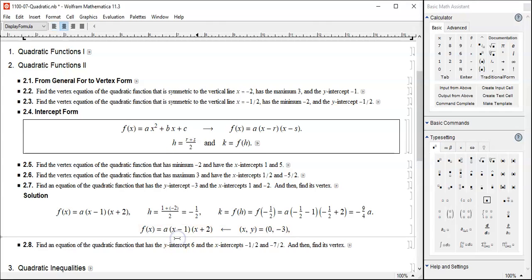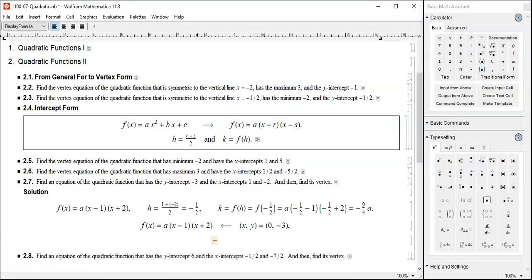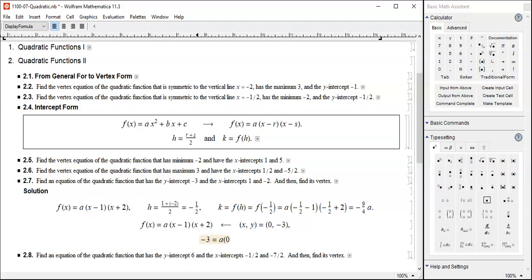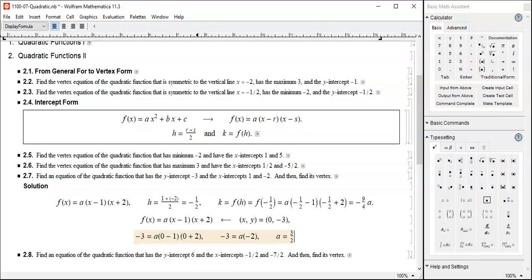So if I do that, y equals -3 equals a(0 minus 1)(0 plus 2). So -3 equals a times -1 times 2, so it is -2a. a is 3/2.